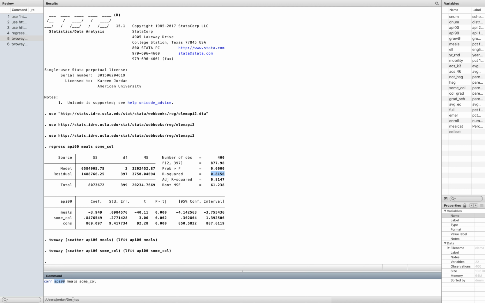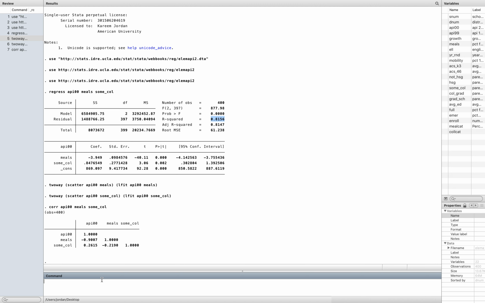But I put that in there just so people can have an idea of how correlated the predictors are to the outcome also. So in your syntax here, you're saying correlation, everything you have in the model, your outcome, and your two predictors. Then you hit return.